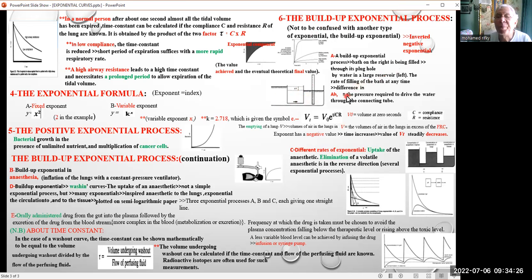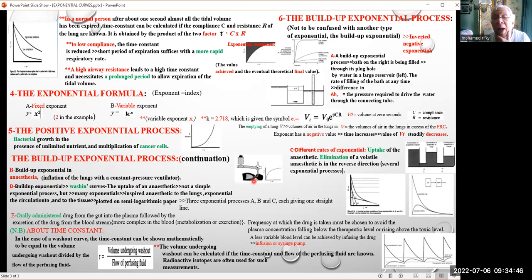You see? The second thing regarding the build-up exponential process is how the build-up exponential correlates to anesthesia. You see, we call it a wash-in instead of wash-out because we are building in. We are increasing.